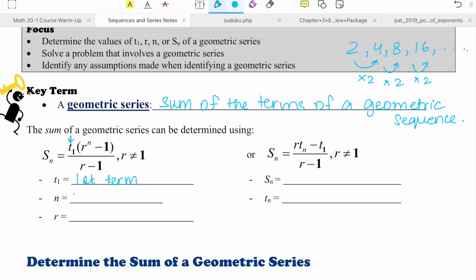And n is the number of terms. r is the common ratio. Sn is the sum of the first n terms. And Tn is the nth term.